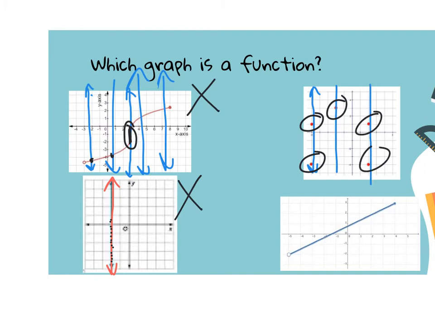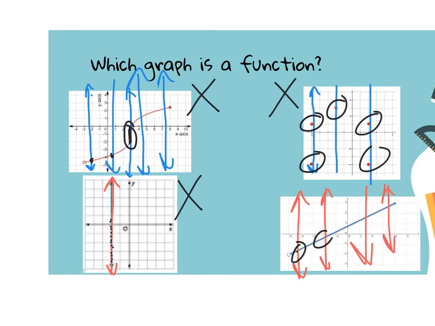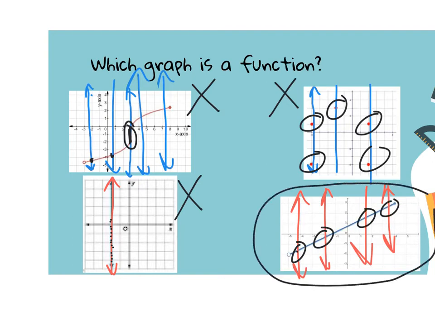There is 2 points at the same time on this vertical line, so again, that is not a function. But if we take a vertical line and move it anywhere on this graph right here, up and down, notice how at each point you put the vertical line, you're only touching the graph once. So this graph right here is a function.